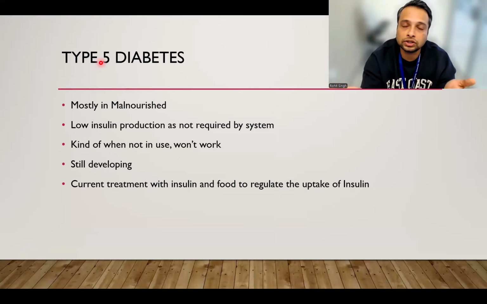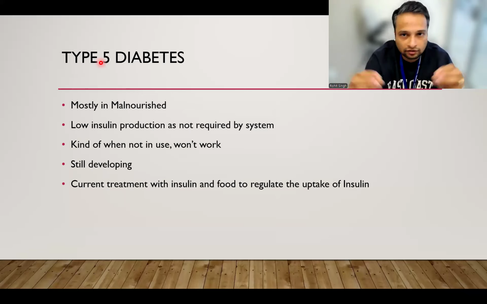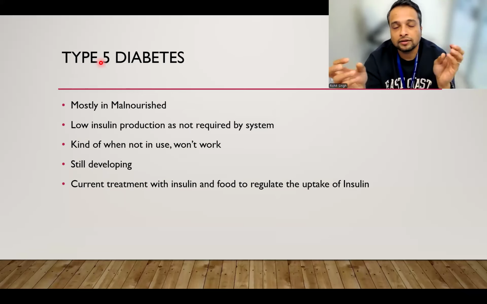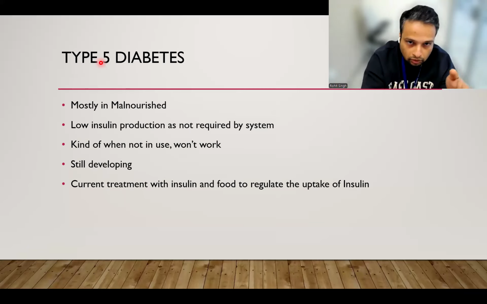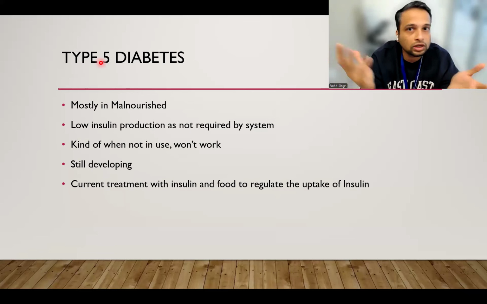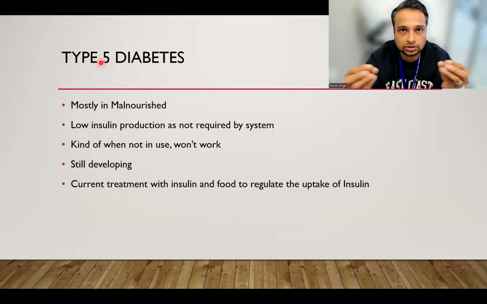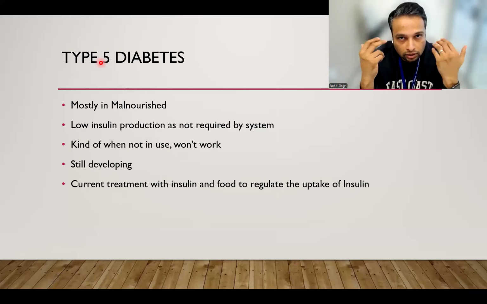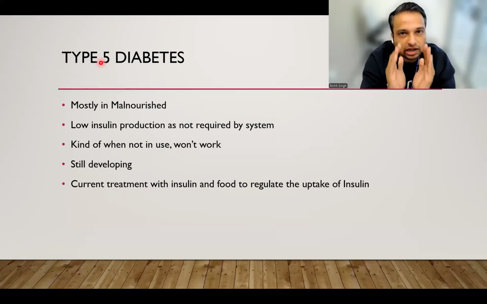But when you're malnourished, all your GLUT1 transporters, all your glucose transporters, are already trying to find glucose from your blood to function. You're not having enough nutrients, so the GLUT1 transporters in your cells are all trying to find it from your blood. So there is no need for insulin to come in and give extra glucose, because you're already malnourished and there's not enough glucose. Your cells are already starving, your fats are already depleted, you've gone through ketosis. You're in a stage where you're completely malnourished.